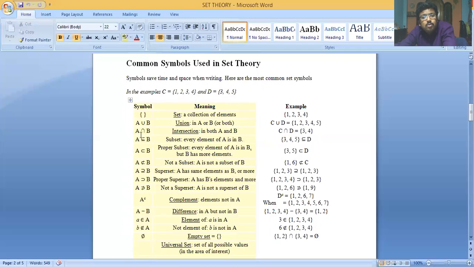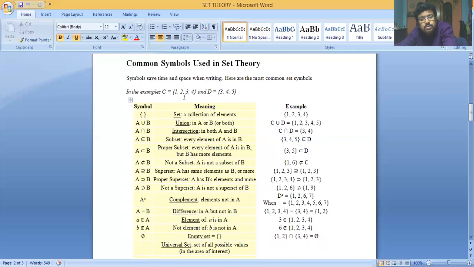Now this symbol, the inverse of U, is the intersection symbol. A intersection B. Here we have the example of C and D. The intersection between C and D is 3 and 4. What is the intersection?